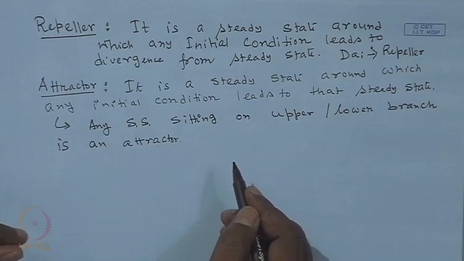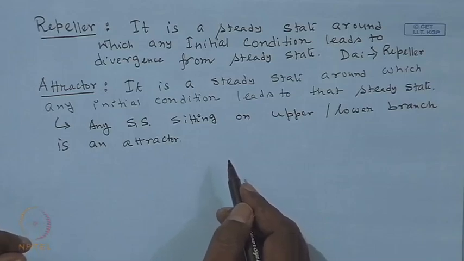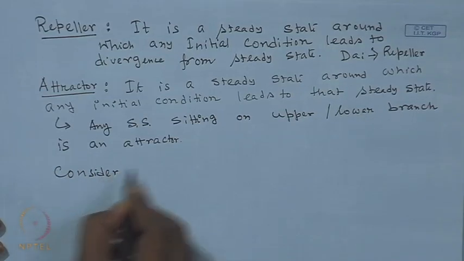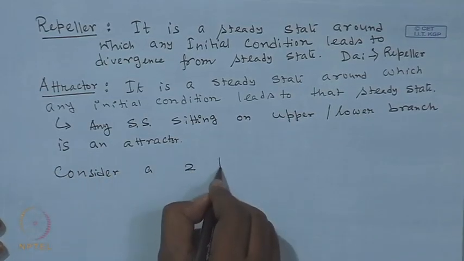Now, let us try to develop the theory of stability for a two-dimensional system. This can be extended to a multi-dimensional system. For that, we consider a two-dimensional autonomous system.